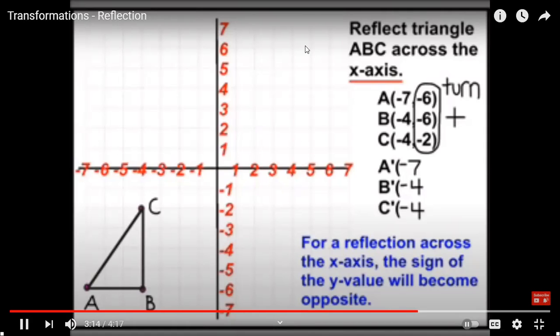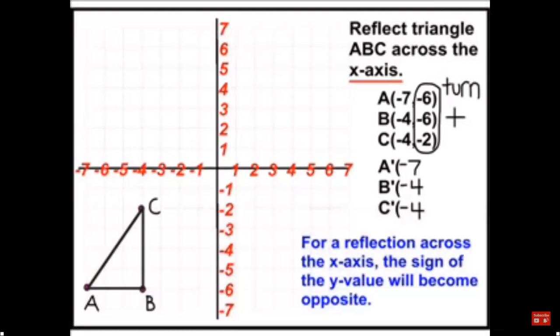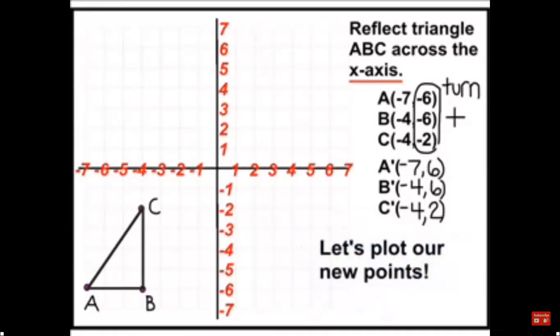Values that were negative, simply turn them positive. So instead of -6, -6, and -2, we now have 6, 6, and 2. Now we have the location of the 3 new points when reflecting our original triangle across the x-axis. Now let's plot each of the ordered pairs.